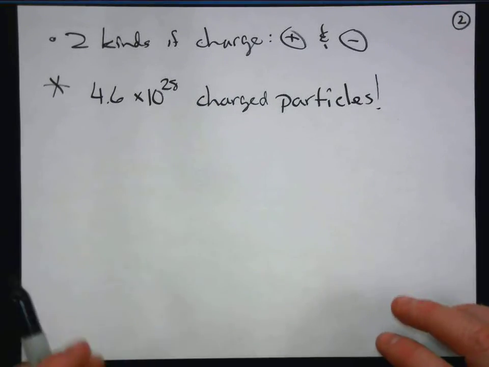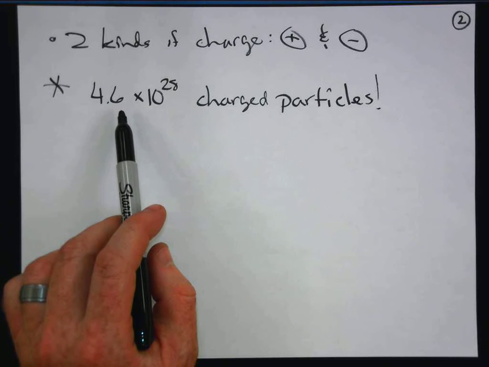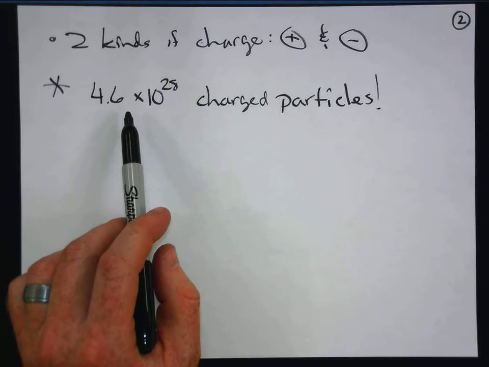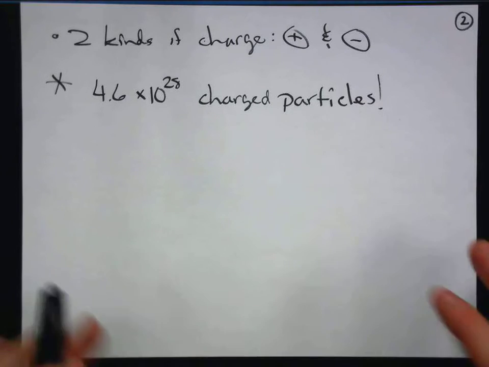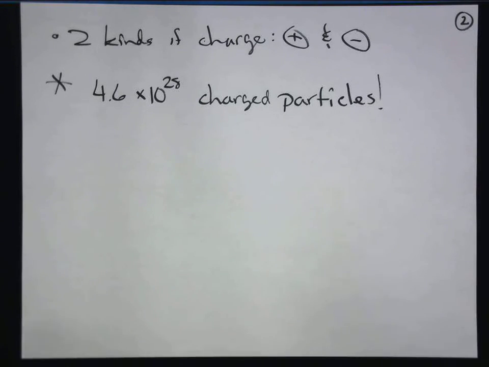That's huge. That's a 4 and a 6 followed by another 27 zeros. That's an insanely large number of charged particles. We'll look at the amount of charge that really represents later on, but the charged particles are all those protons and electrons in the atoms that make up your body, right?